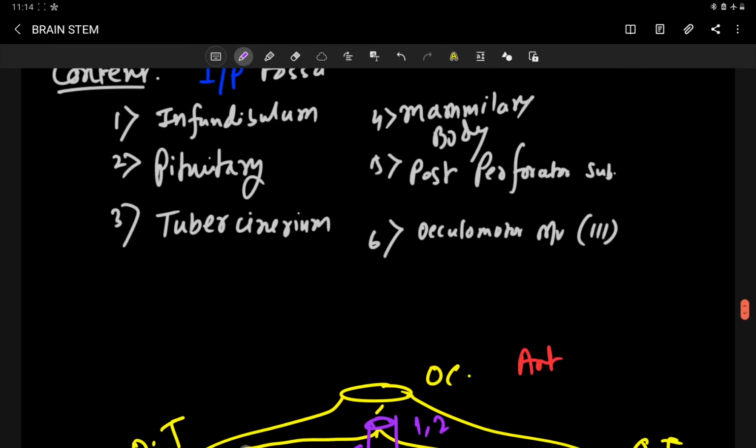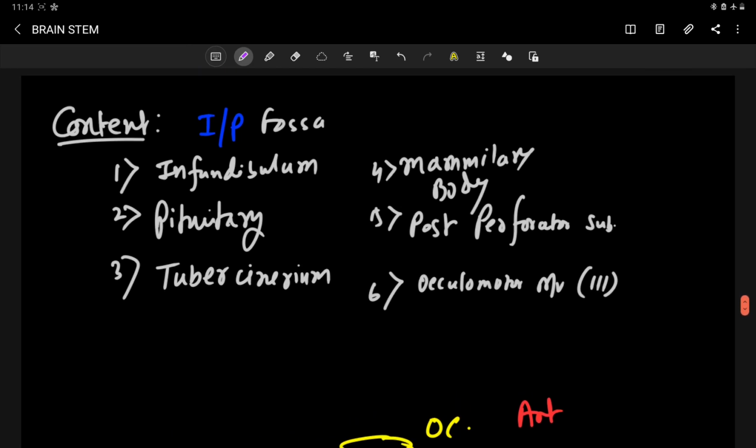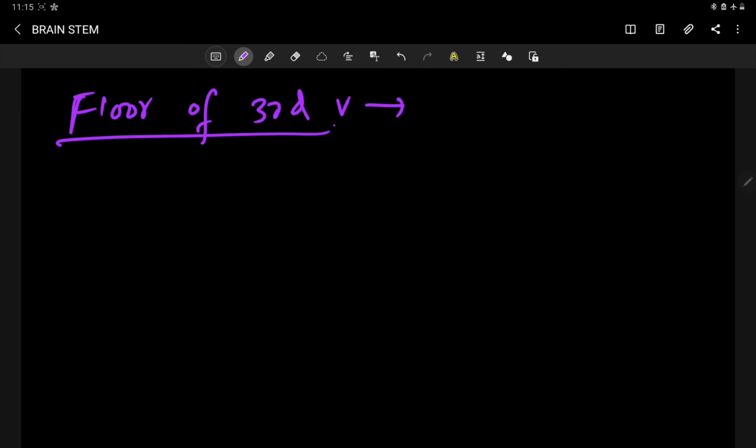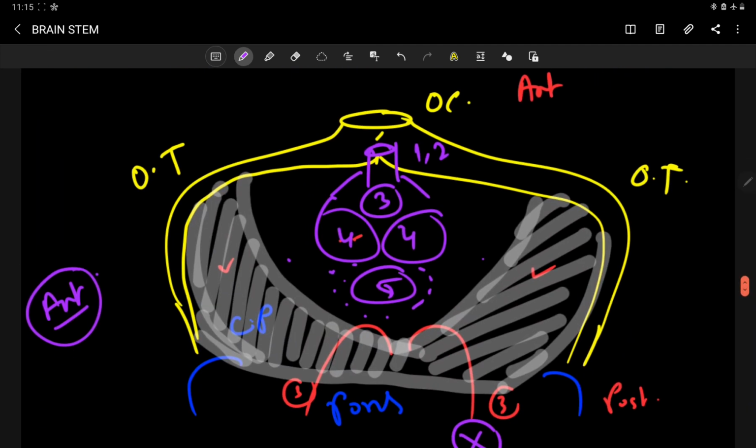So if I am writing the same thing here, the floor of the third ventricle, the contents forming the floor of the third ventricle. First I am writing all the things which are present in your interpeduncular fossa.